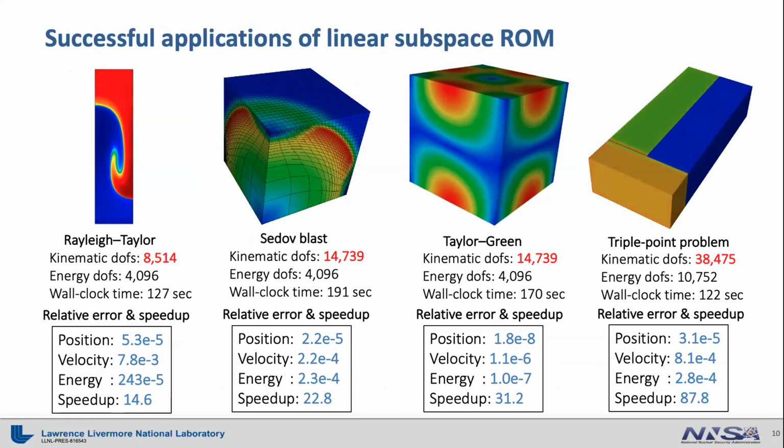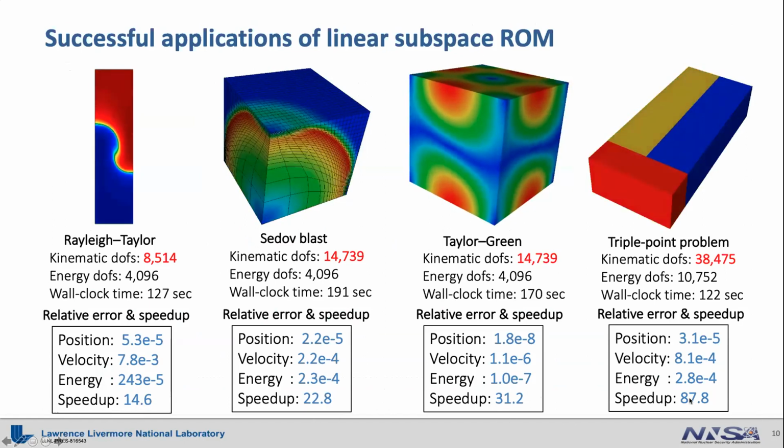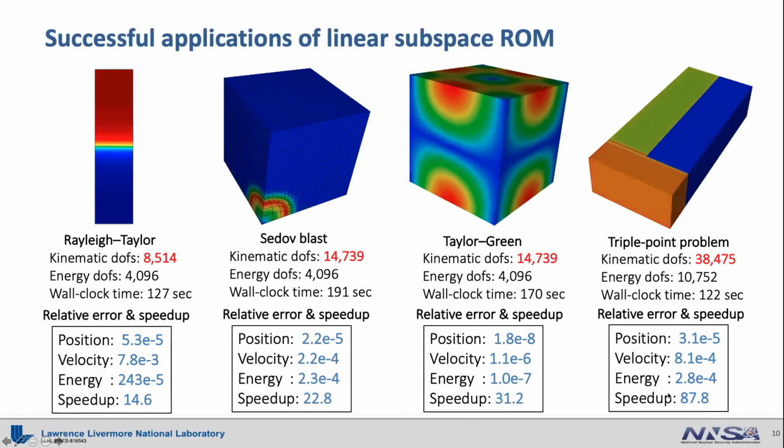Here you are looking at the cases where the reduced order model achieves a speedup of 14.6, 22.8, 31.2, and 87.8 with the accuracy relative error of less than 1% or even less than 0.1%, which implies that the reduced model solution and the full order model solutions are not distinguishable.